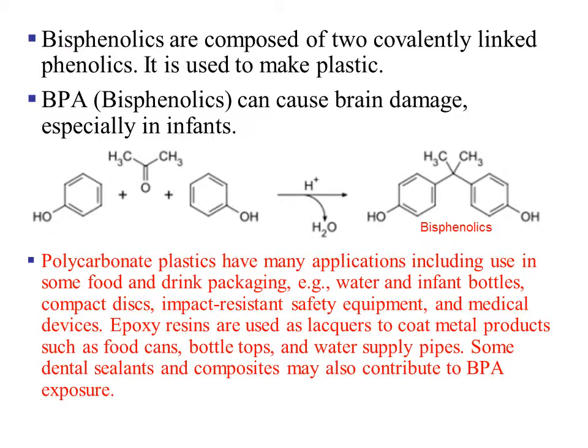Bisphenolics are composed of two covalently linked phenolics. It is used to make plastic. You've heard of BPA. This is a bisphenolic, which is in plastics, and it can cause brain damage, especially in infants.